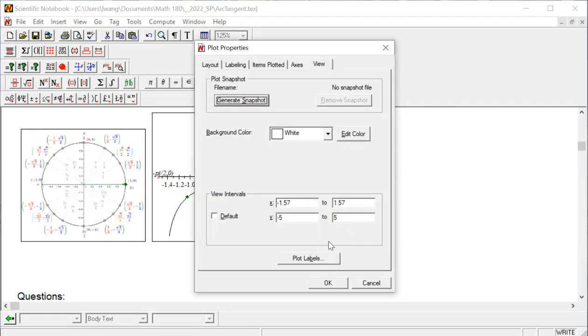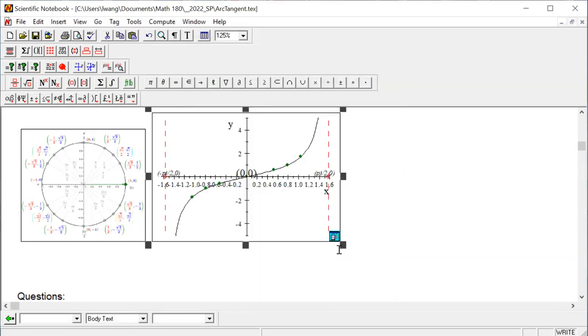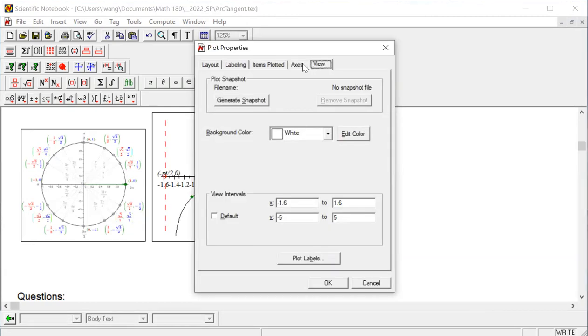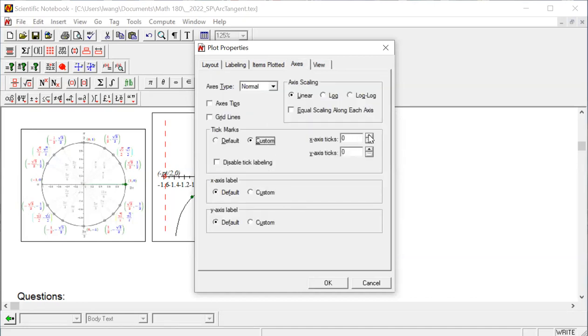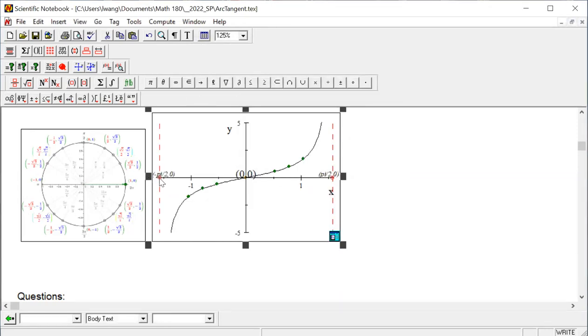Let me see. I need to maybe put this over here. Wait, I still want you to see the vertical asymptote. So hold on. Okay, that's the curve we want. This is the curve from negative pi over 2 to pi over 2.